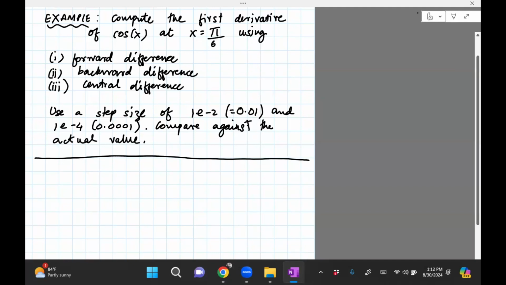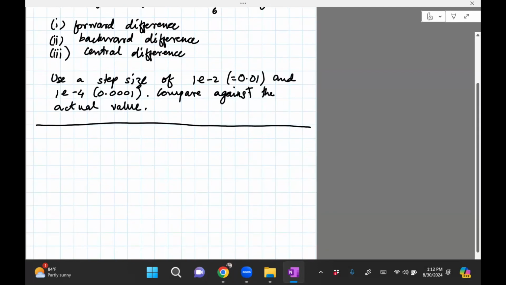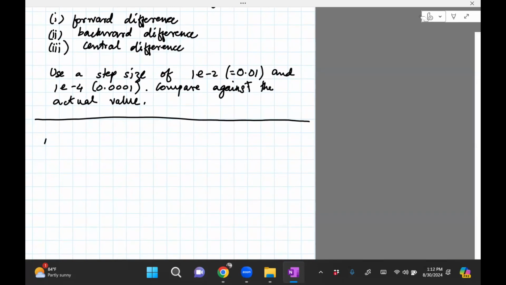Okay, so very straightforward. We know how to compute the derivative of cosine x. So we'll do that first, and then see if our method of approximating it using those formulas gives us the right answer. So let's do the actual value first.